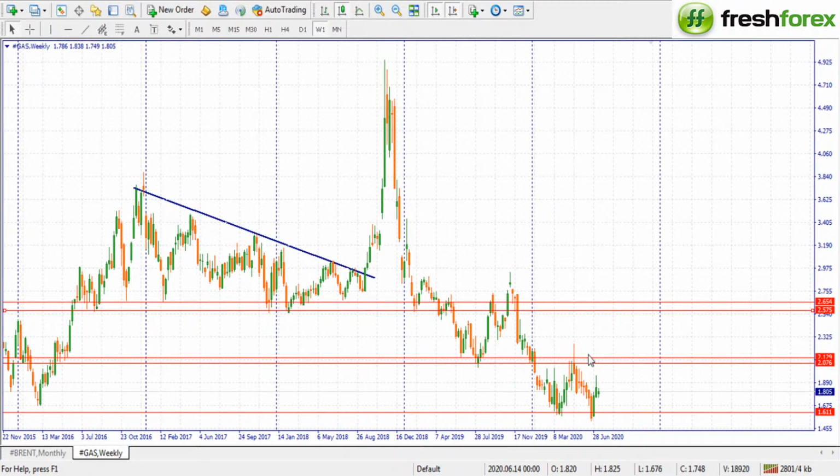If the price retraces back up to this point, we'll be looking for a sell. If it continues up to the next level, still we'll be looking for a trade. Those are the only two levels on the weekly chart that we want price to come up to. When the price hits those levels, we're going to look for a trade.